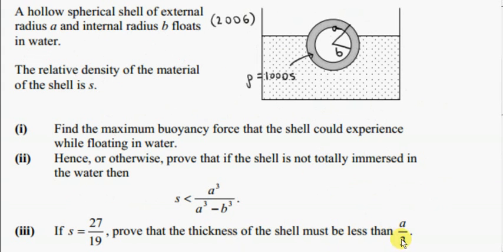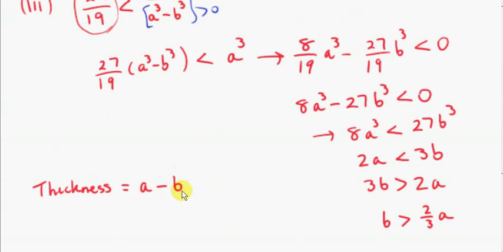As a reminder, we want the thickness to be less than this quantity here, which is given in terms of a. So we need to get b in terms of a, so we get a quantity just involving a. By rearranging this, I just switch this around here. 3b is greater than 2a, and I divided both sides by 3. b must be greater than 2/3 a.